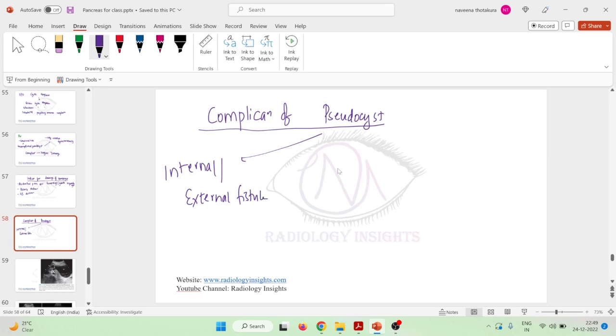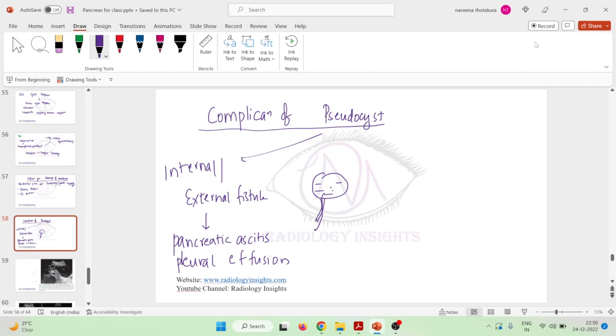These fistulas might go to the peripancreatic fluid and result in pancreatic ascites, because the fluid in the pseudocyst might go around the pancreas. Or it might communicate with pleural fluid and result in pleural effusion also.